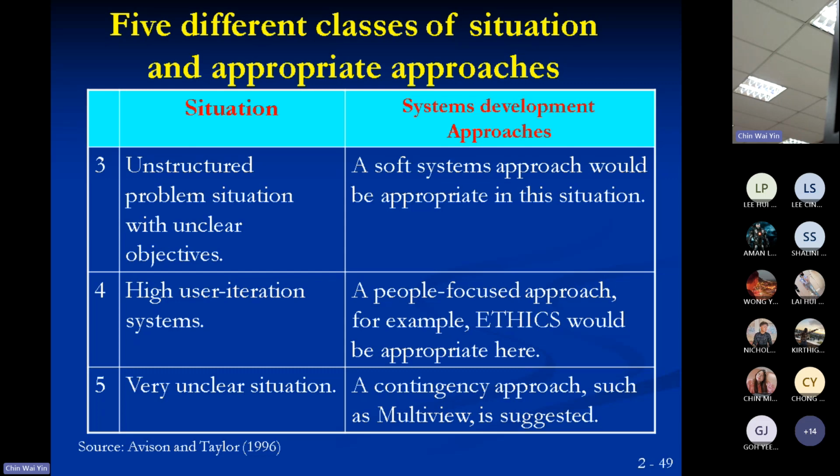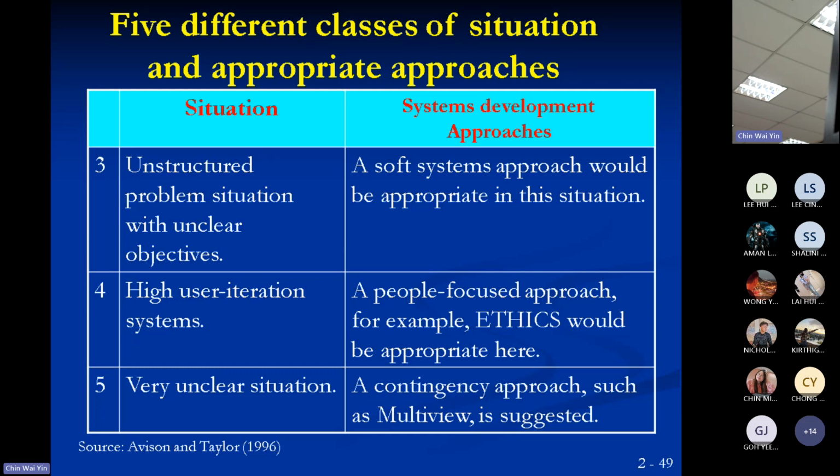Then the fourth situation is where you have a high user iteration system, that means an information system that requires many versions until you reach your final one. In this case, a people-focused approach such as ETHICS or the spiral method is suggested. And the last one is a very unclear situation.